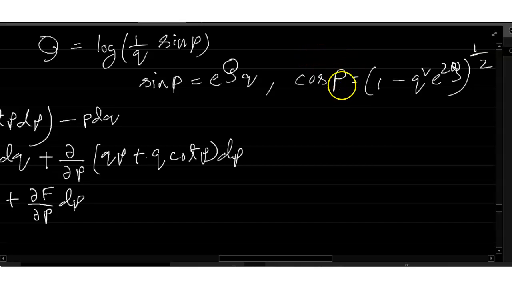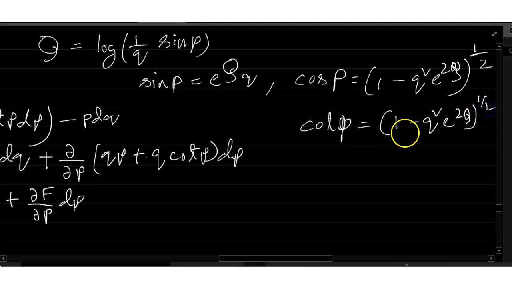So cot p equals 1 minus e to the power 2q half divided by e to the power q into q.